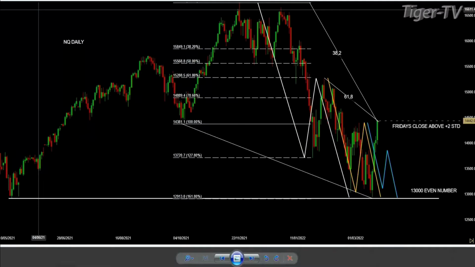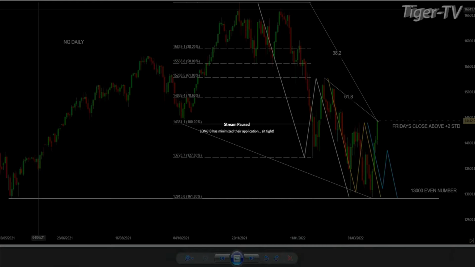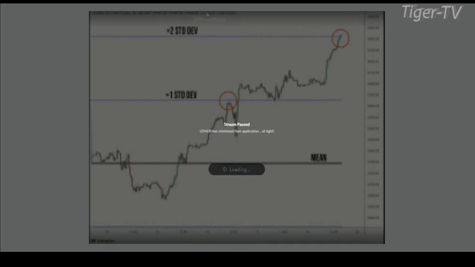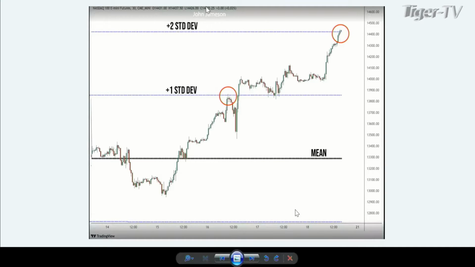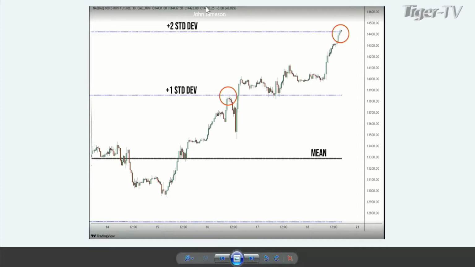Now, this is what's really exciting, folks. When we posted that other one, I want you to see this. This is nothing more than what we talk about in the Floor Traders Handbook, and that is look at the high today in the Nasdaq, folks. See, that is 2 standard deviations. The chances of it getting above 2 standard deviations is very, very slim.